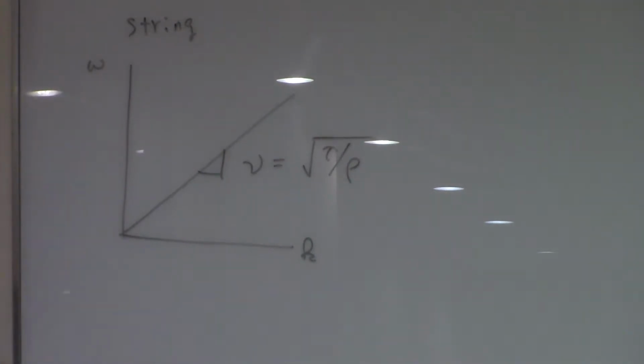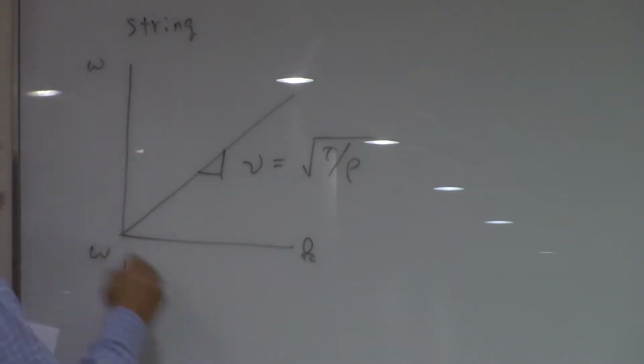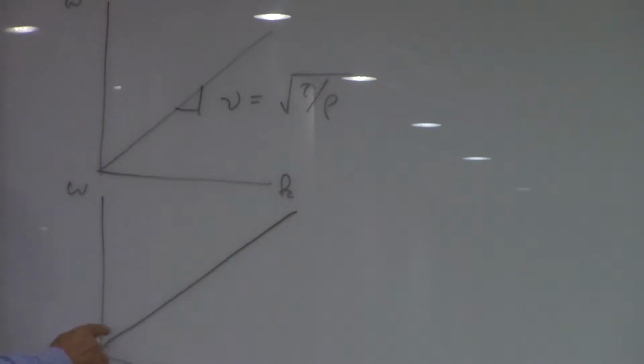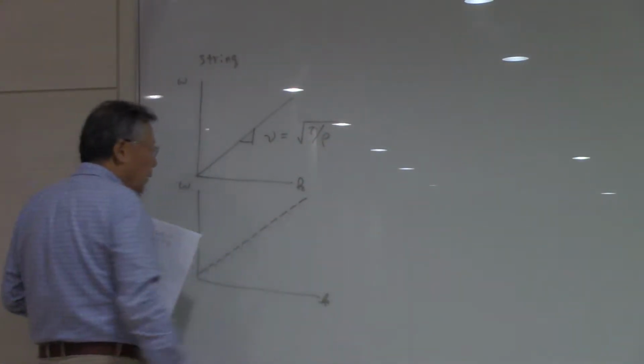Over rho, okay? When both ends are fixed, then instead of a straight line, only certain points are allowed.